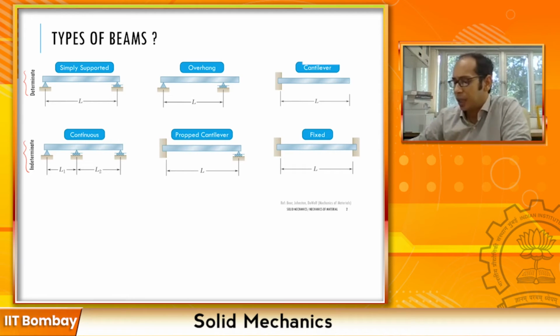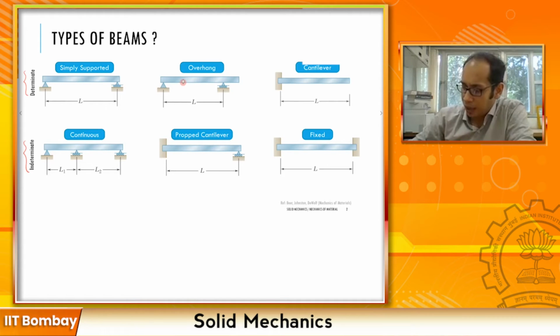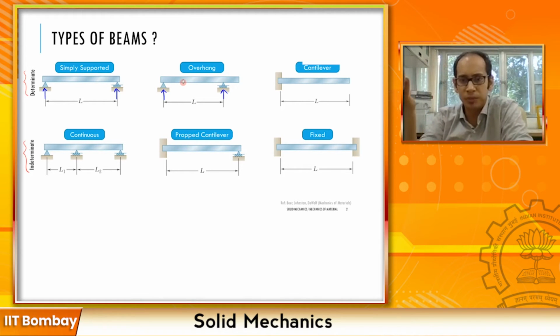For example, here in the first couple of cases, the simply supported case and the case with the overhang, if you have to go and draw the reactions, you will have two unknowns over here, and similarly for the overhang you will have two unknowns. So you have two unknowns, two equations of equilibrium, statically determinate, so they are easy to solve.